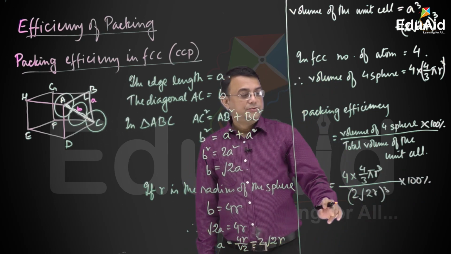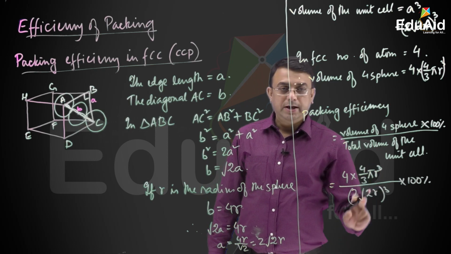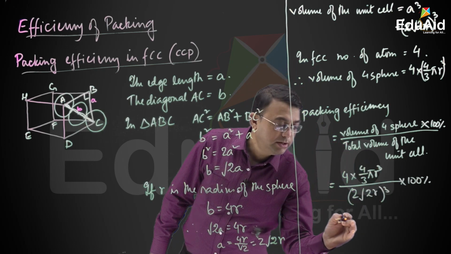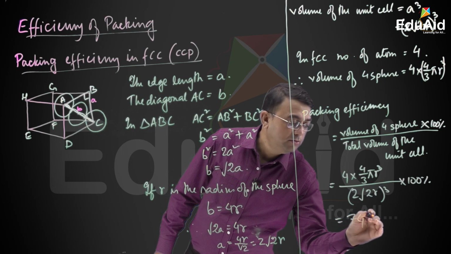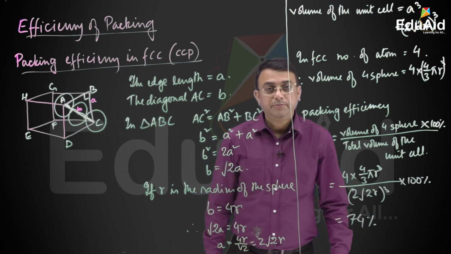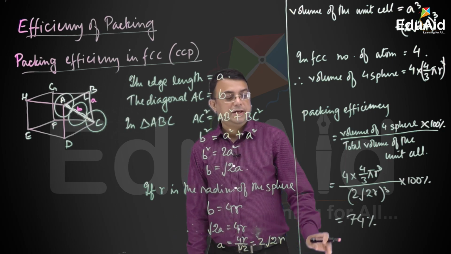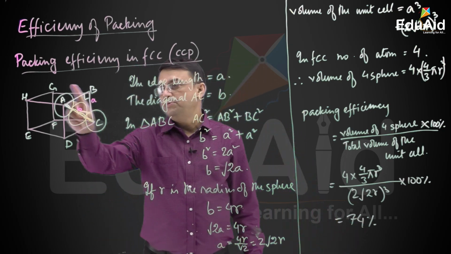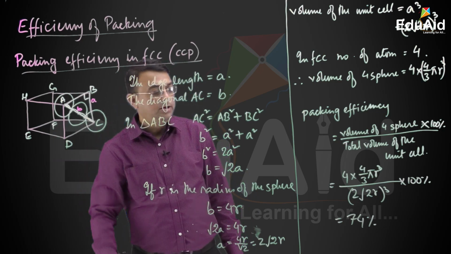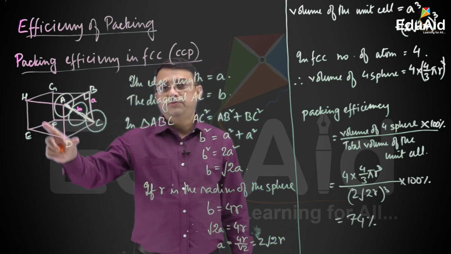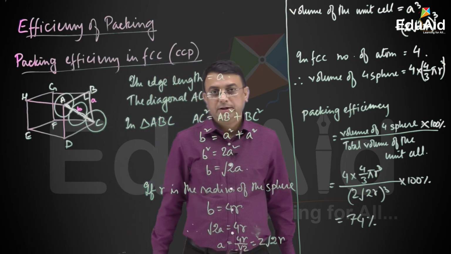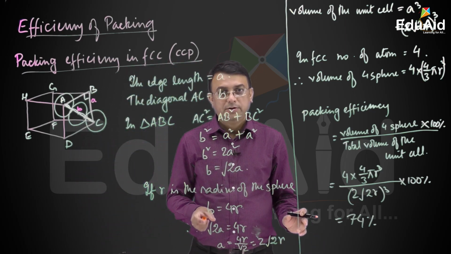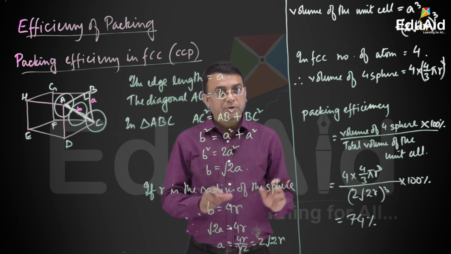Now if we put all these values, r will get cancelled, and we put the value of pi, then this calculation will give you the result 74%. Alright, so 74% is the packing efficiency of FCC unit cell, which means in FCC unit cell or CCP unit cell total 74% space is occupied and the remaining part remains vacant. Alright, so hope you have understood this.